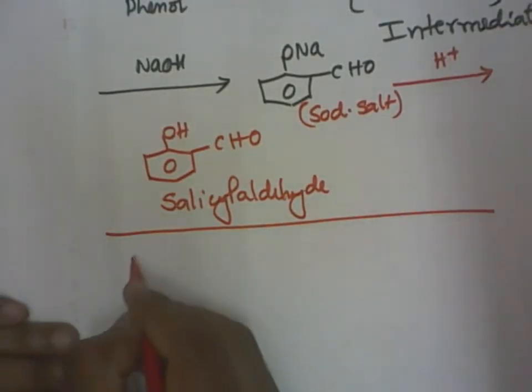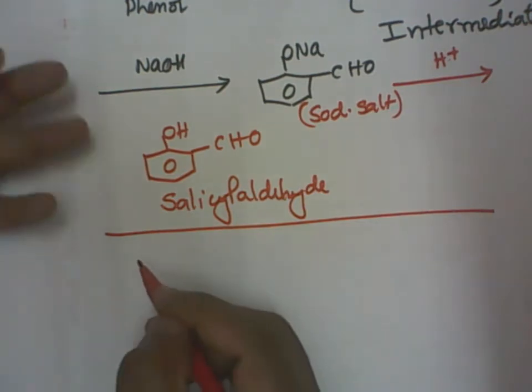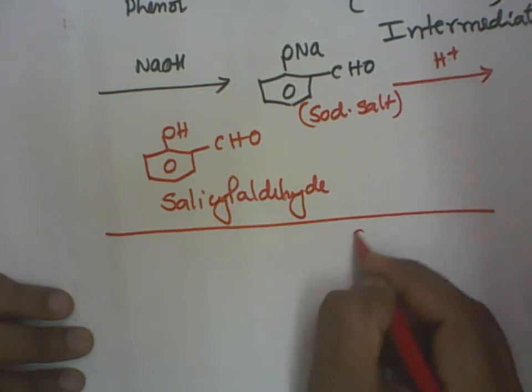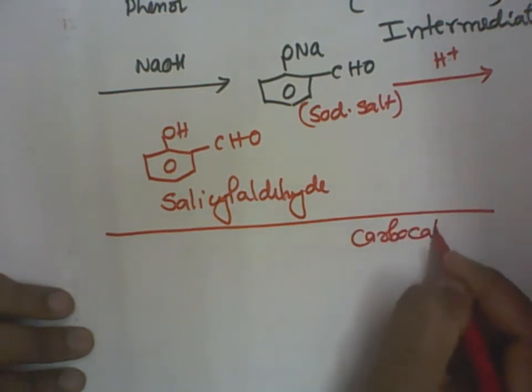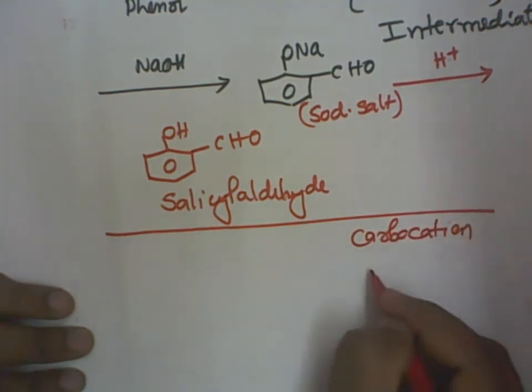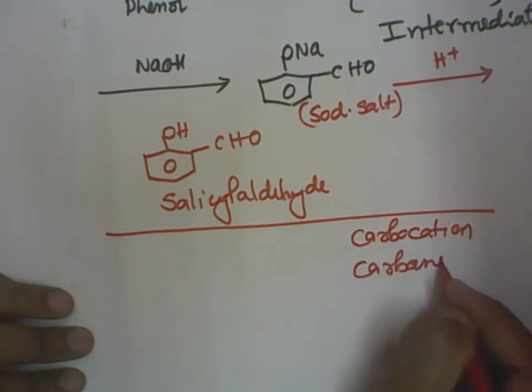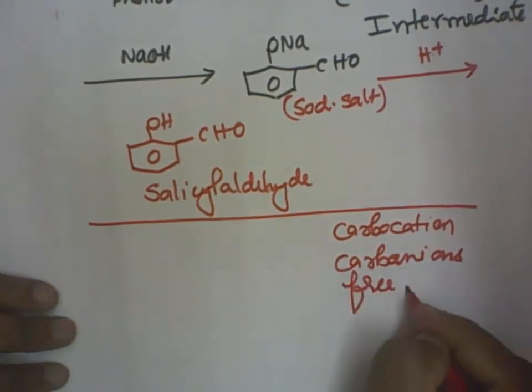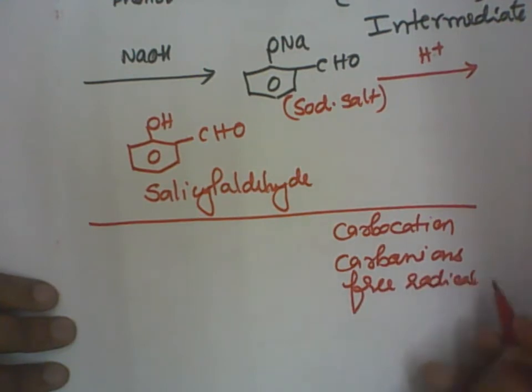Now I'm going to write one intermediate formed in the reaction with respect to chloroform. You know that there are carbocations and carbene ions in mechanisms. There are free radicals formed in reactions, as we have studied in chlorination of methane in the presence of sunlight.